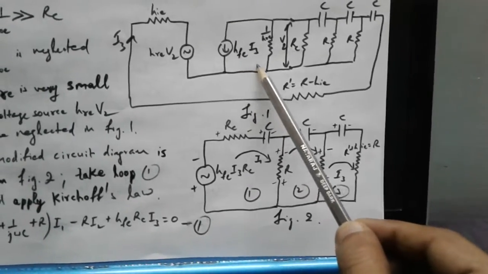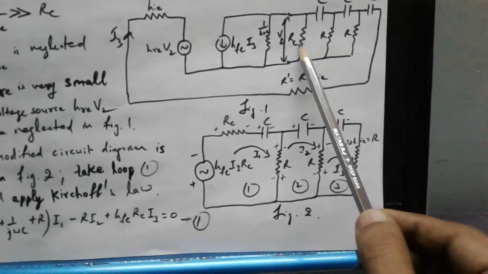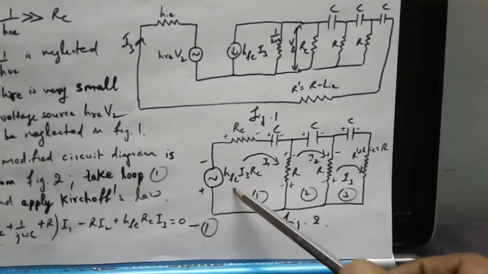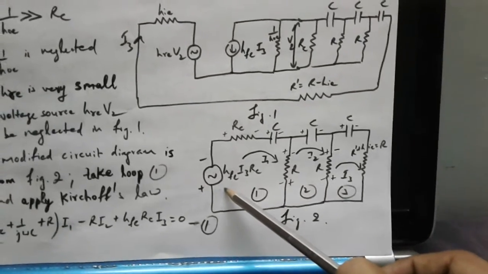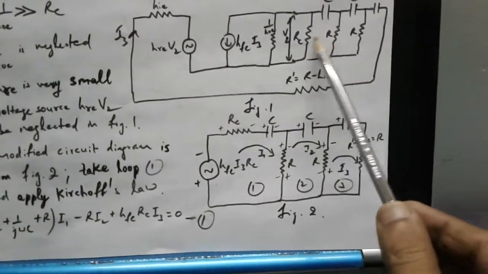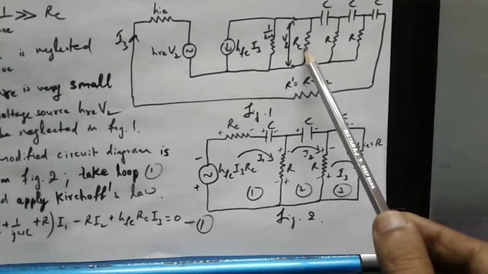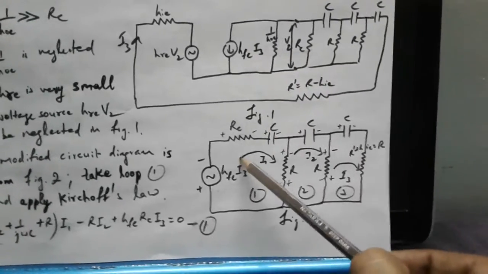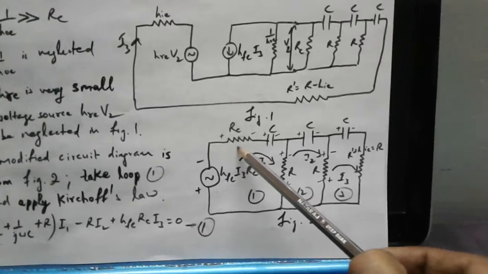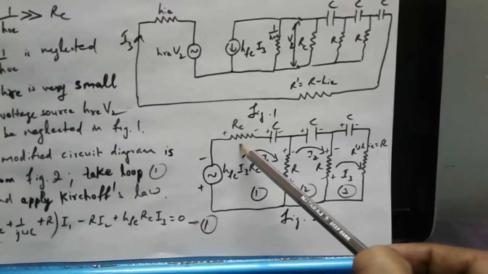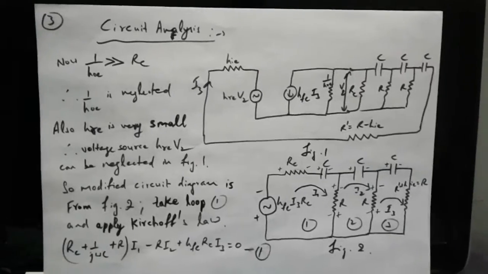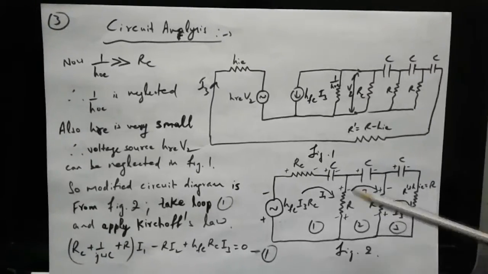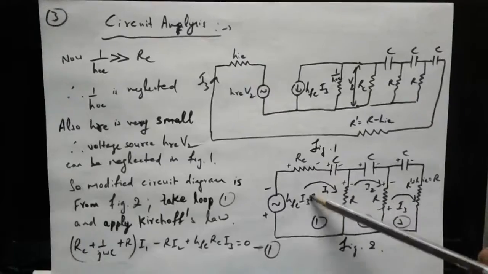When that current passes through RC, the total voltage becomes HFE I3 RC. So this voltage becomes the voltage source, and this RC, instead of parallel, goes in series. This is the method by which we can change a current source into a voltage source.